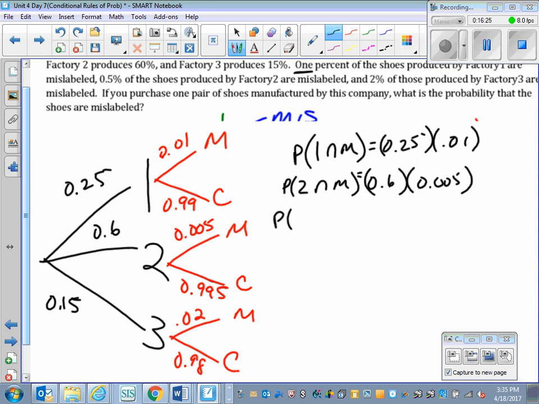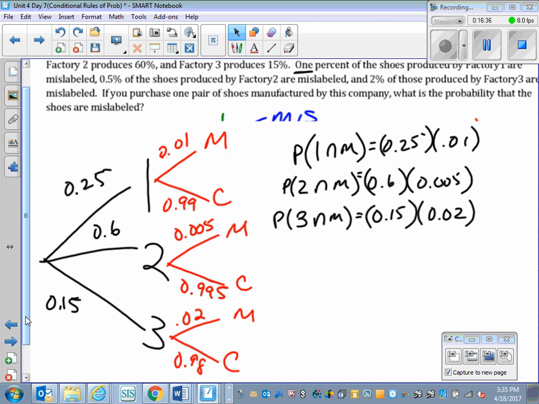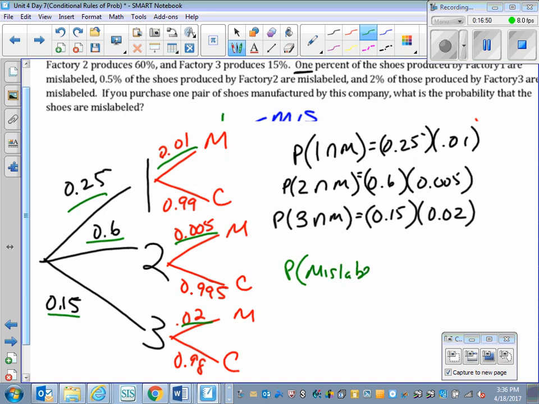And the probability that they're from factory 3 and mislabeled is 0.15 times 0.02. Again, following the branches. Okay? From 1, mislabeled. From 2, mislabeled. And from 3, mislabeled. So the probability that it's mislabeled is going to end up being 0.0085 if you add all those up.